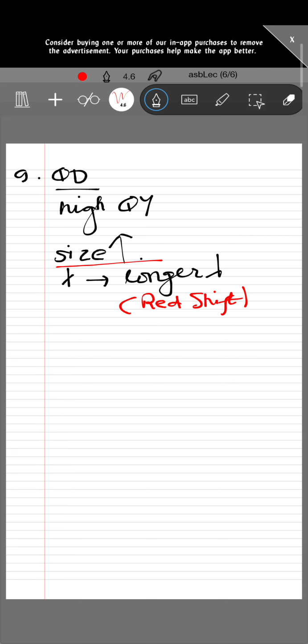Secondly, a very impactful use of quantum dots is in a device called the single electron transistor, SET.